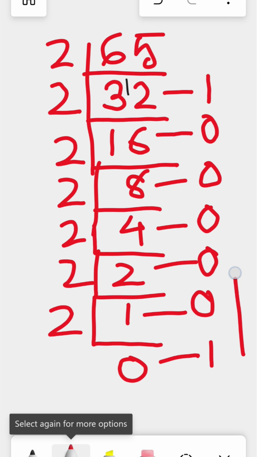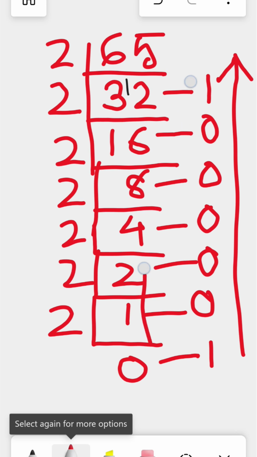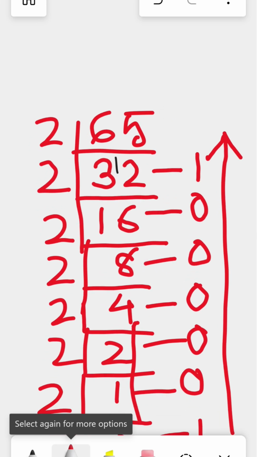Now we will write the answers from down to up. Means the answer will be 1 0 0 0 0 0 1. So we will write the answer this way.